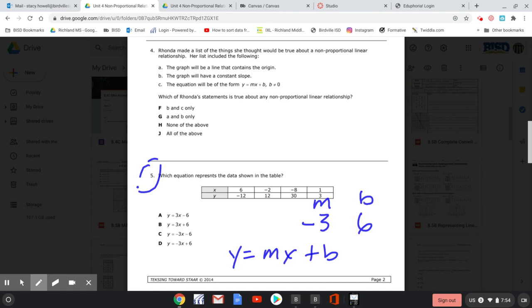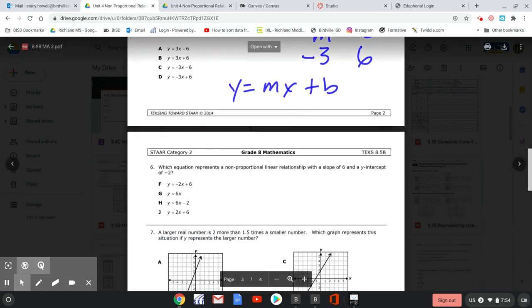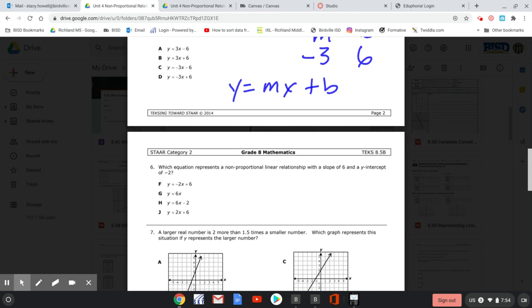Let's see if we can find another problem. Okay. This one says, which equation represents a non-proportional linear relationship with a slope of 6 and a y-intercept of negative 2?